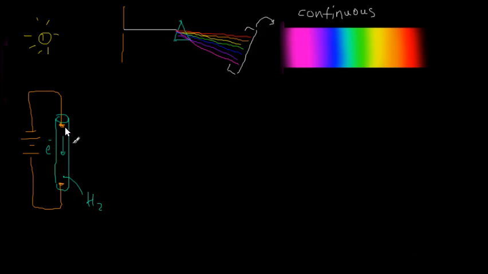Now, this kind of tube is called a discharge tube. Discharge as in electric discharge. When this electric current goes through the hydrogen gas, light will be produced. The hydrogen gas will start producing light. Okay, so it starts glowing. But the color is quite mixed.